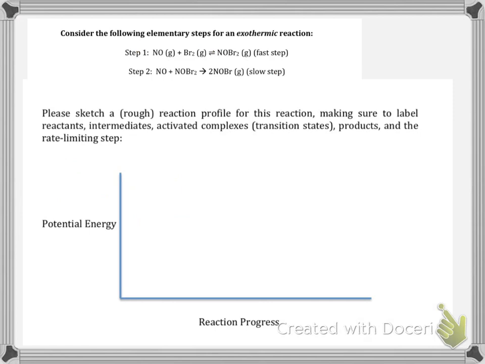So now they want us to draw a reaction profile. And they tell us it's exothermic, which we can take to mean exergonic, and say that we start at some energy level, and then energy exits, and we're at a lower energy.